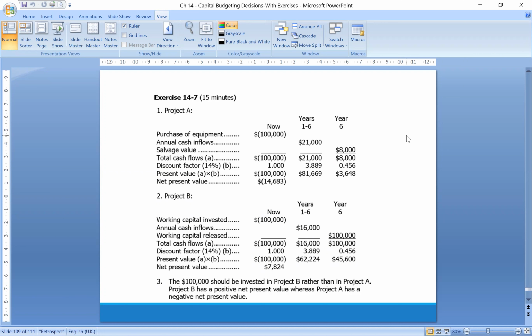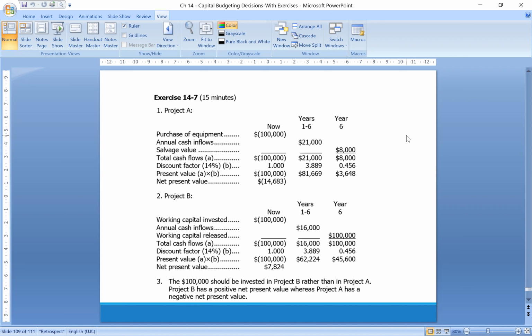So 14 and 6, we do have a factor from table 1. This will be 456, and 8,000 multiplied by 456 will be 3648. The present value of the 8,000 today.